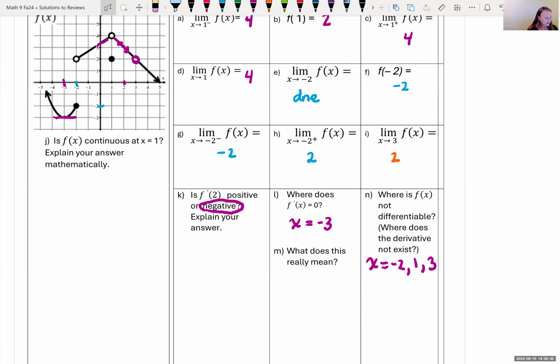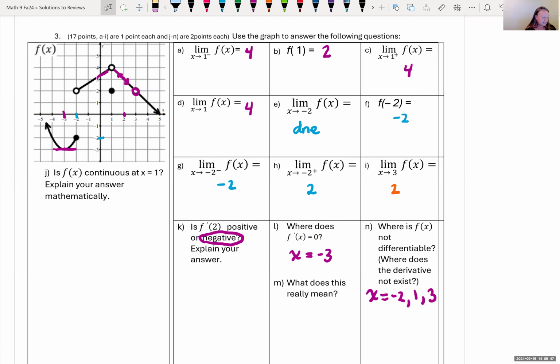I think I skipped one. Is f of x continuous at x equals 1? Explain your answer mathematically. So x equals 1 is not continuous because I know that the limit as x is approaching 1 of f of x is 4.